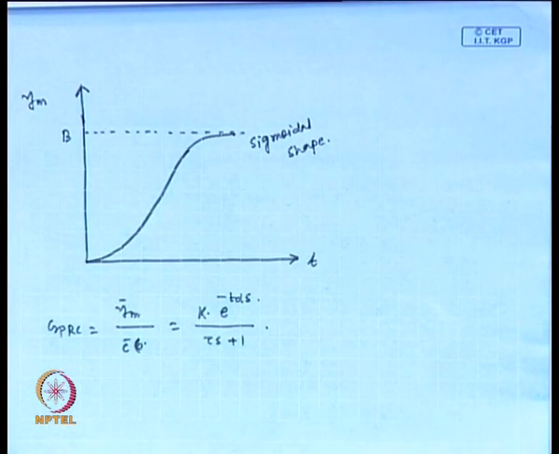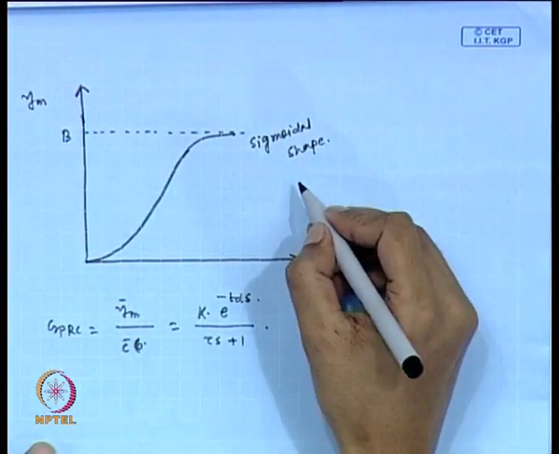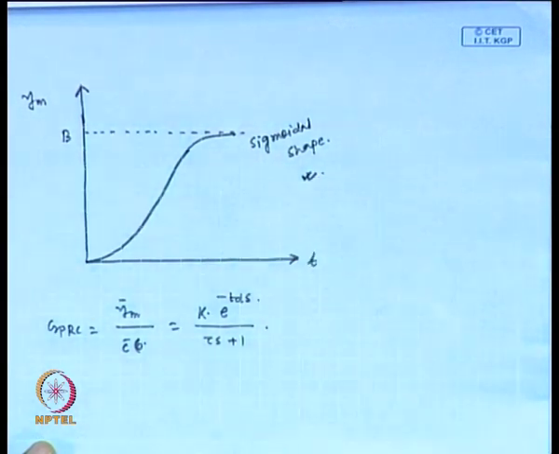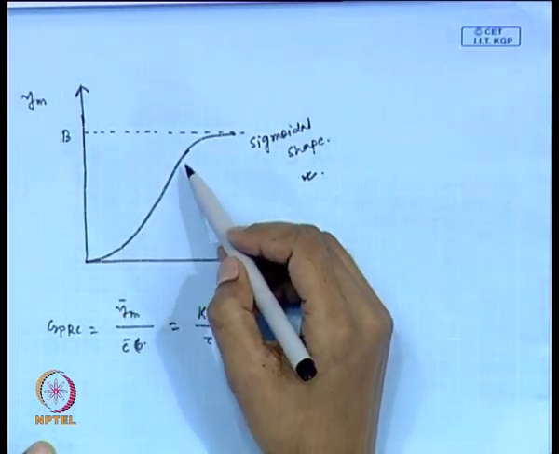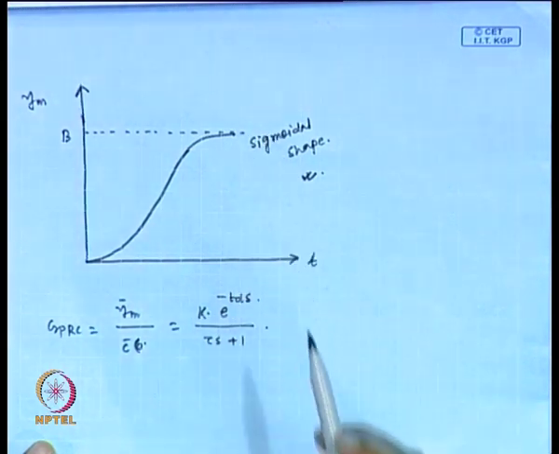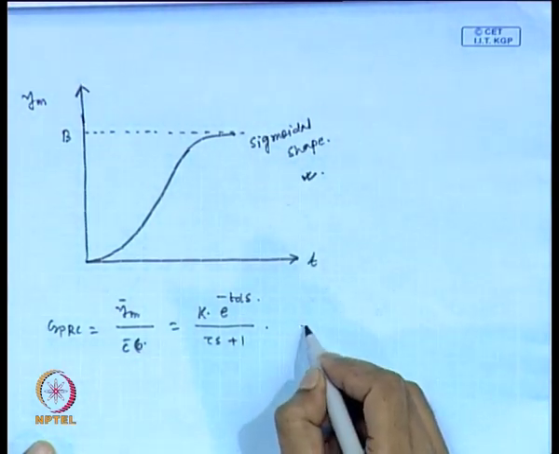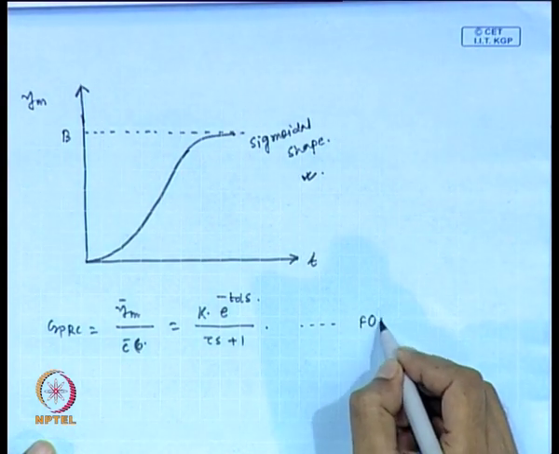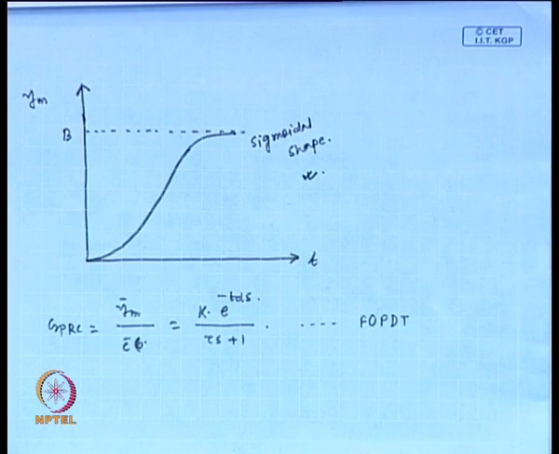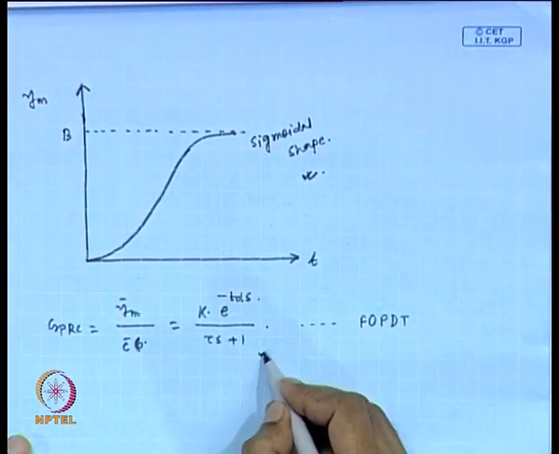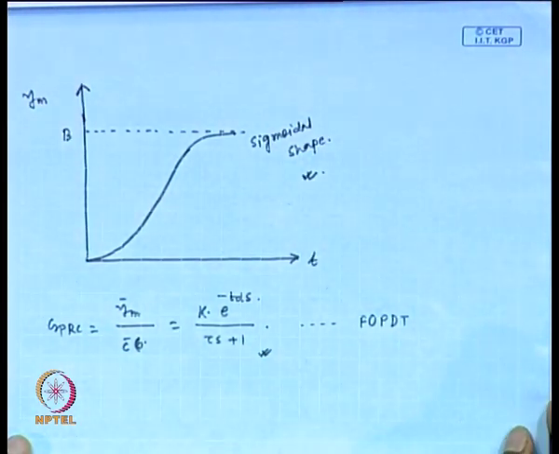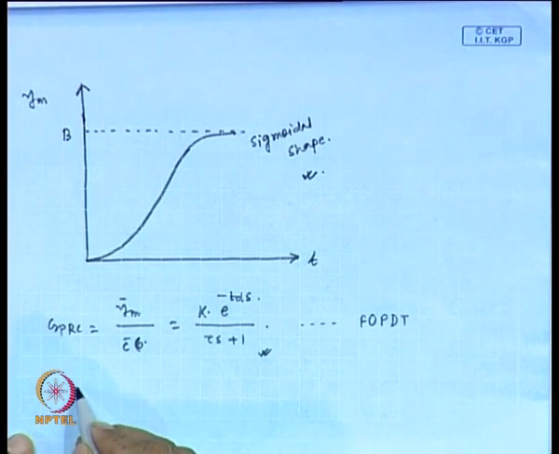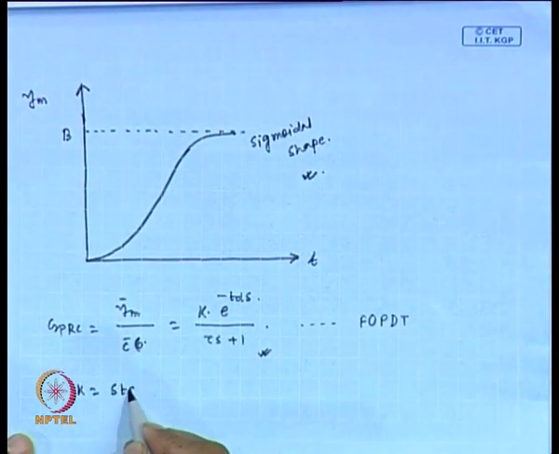This shape can be approximated by first order plus dead time, and this equation represents it, where K is the static gain.